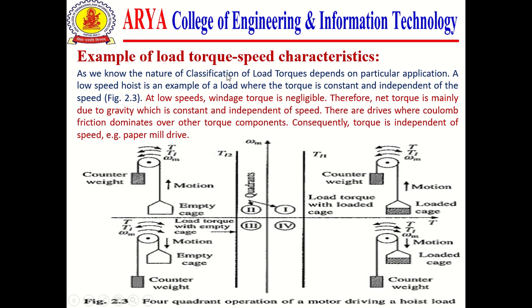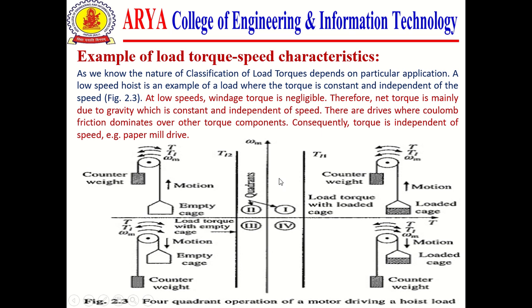As we know, the classification of load torque depends on the particular application. A low speed hoist is an example of a load where the torque is constant and independent of the speed. You can see this figure. This is the first quadrant operation, this is the second quadrant operation, and the third and fourth.